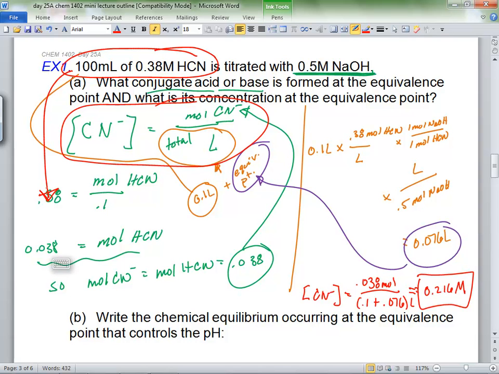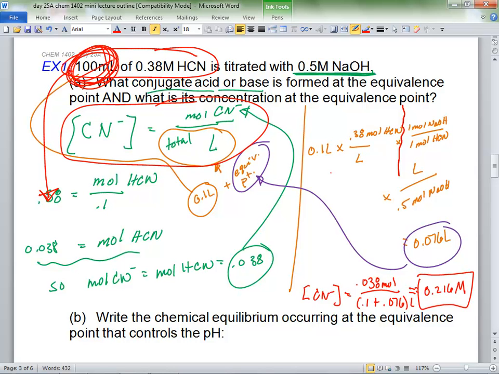We got the moles, and then we had to get the total liters, so we had to add this volume plus our equivalence volume, and then we got it. You notice also that if you stopped right here, you'd have moles of HCN. That's another way of getting the moles of CN minus, doing the exact same thing, but just stopping right there.